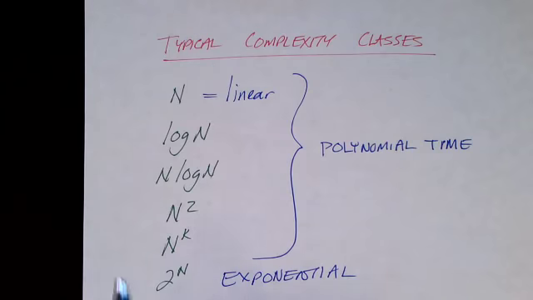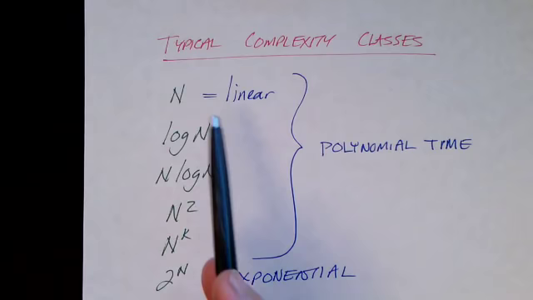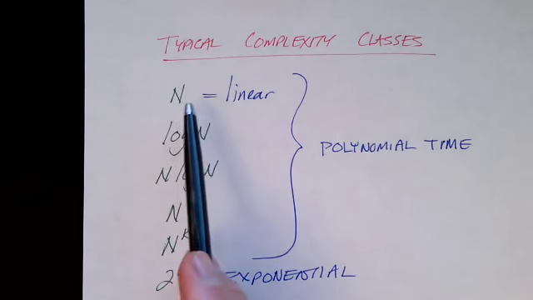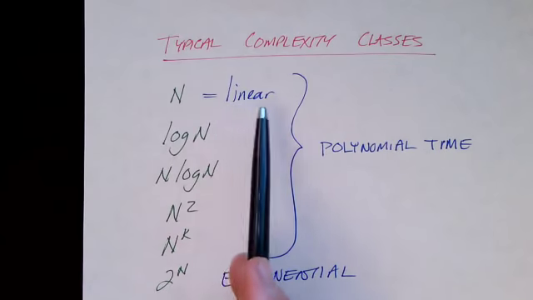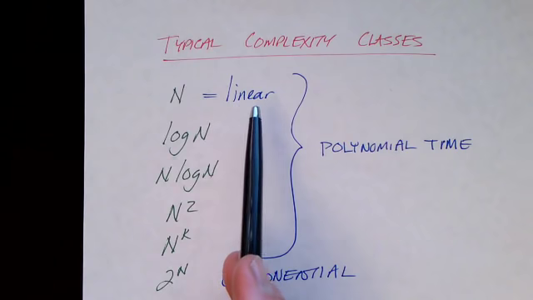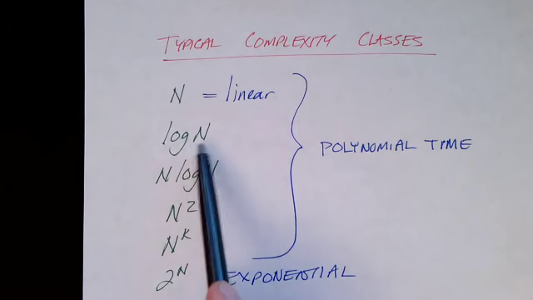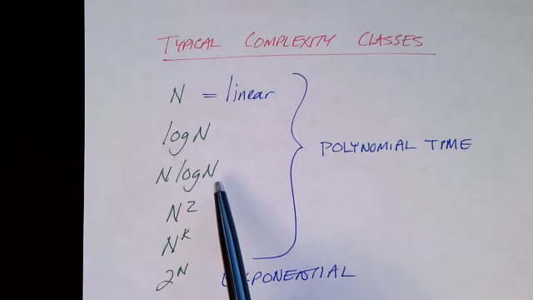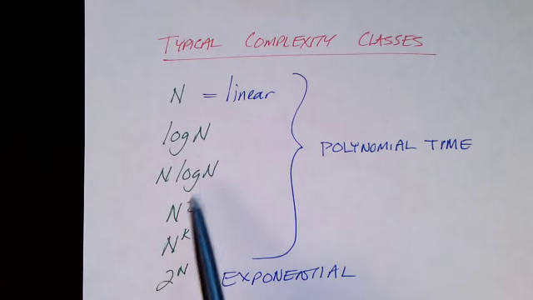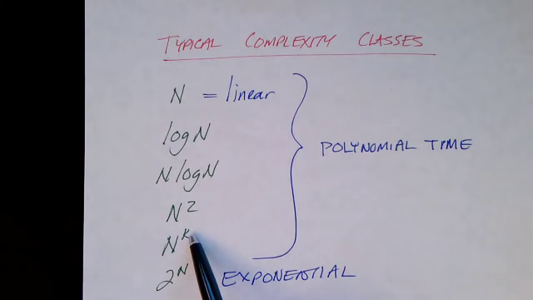Let's look at some typical complexity classes that we see fairly frequently. First of all, n, a simple function with no exponent, is linear. A function that is order n is a linear function. We also see log n. Here's n squared, or n to some other power, such as n cubed.